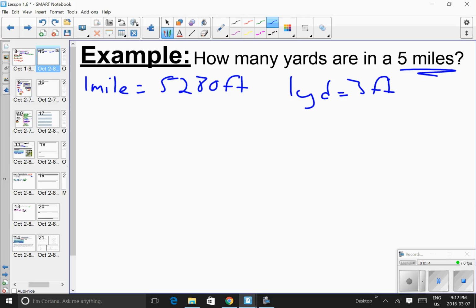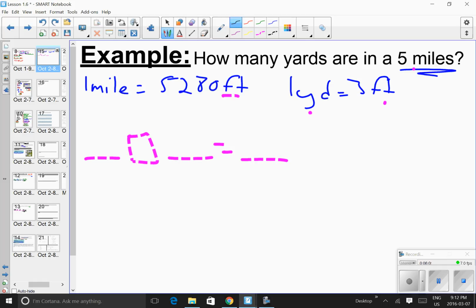Right. So unfortunately, I don't have it right here. You have it on your formula sheet. You could just change it straight into yards. But I have to go the scenic route here because I can't remember. So I want to set up a skeleton equation here. And this is what I'm going to do. First, I'm going to change 5 miles into feet. Then I'm going to change feet into yards. So I'm going to do 2 skeleton equations.